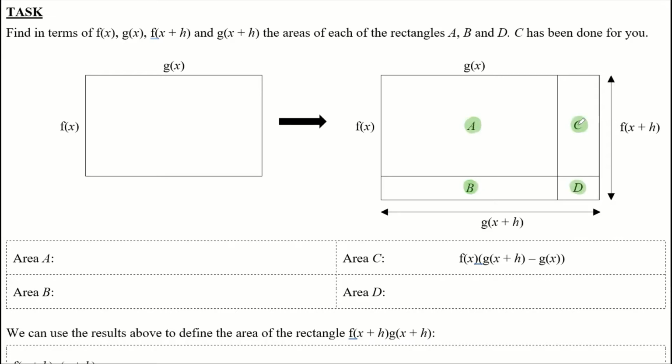So A, B, C, and D on the diagram on the right-hand side. So I'm just going to explain the process of what's actually going on here. So the rectangle on the left-hand side, okay, has an area of f of x, g of x, okay? The area would represent the product of f of x and g of x. So g of x obviously is defined here, and f of x is also defined in that first sentence just there, okay?